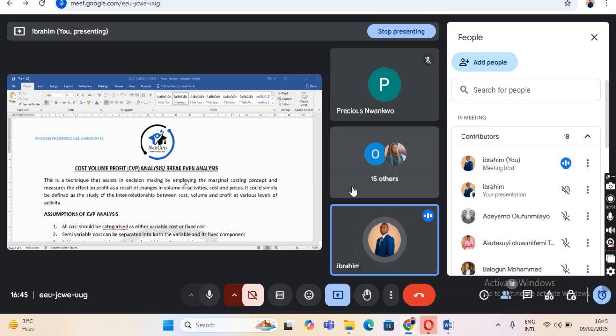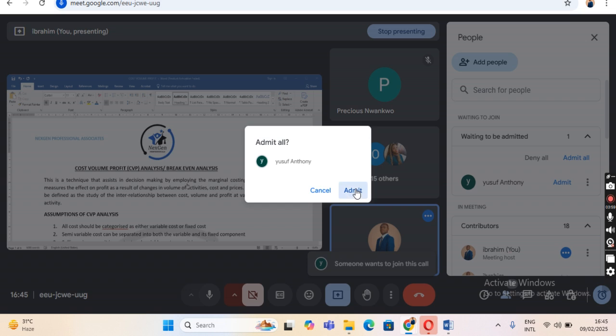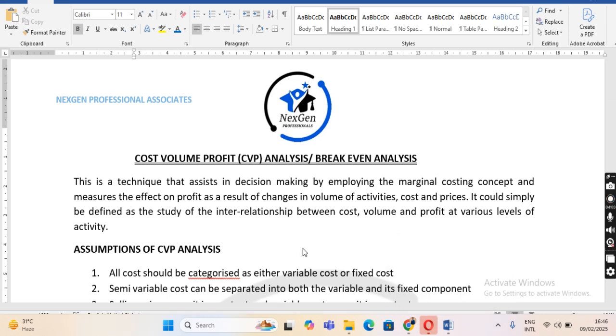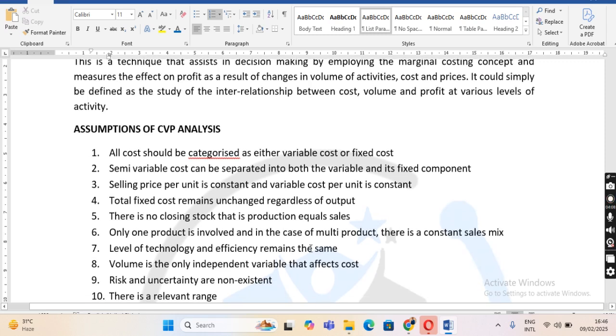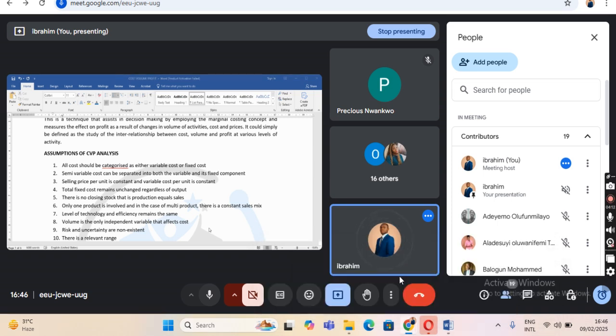Now, if that is well understood, we will talk about the assumptions of cost volume profit analysis, or CVP. One, the selling price per unit is constant and the variable cost per unit is constant.